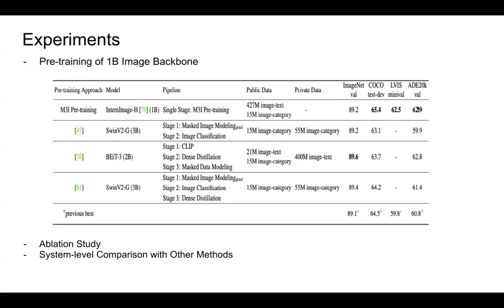So, the experiments. First, pre-training a 1B image backbone. Here we can see that M3I pre-training predicts really well, and the result is really good. And in the ablation study, we took a deep dive into how the pre-training method works. We found that certain things, like hiding parts of the image and focusing on specific details, really help the network to learn.